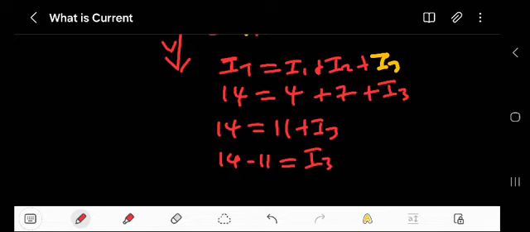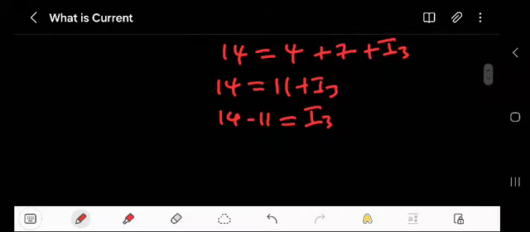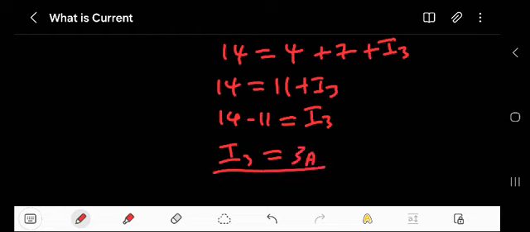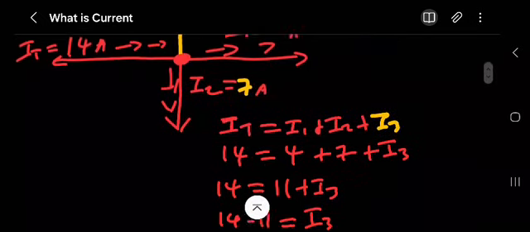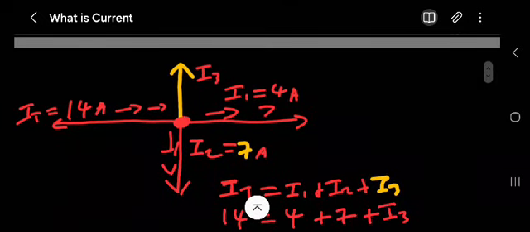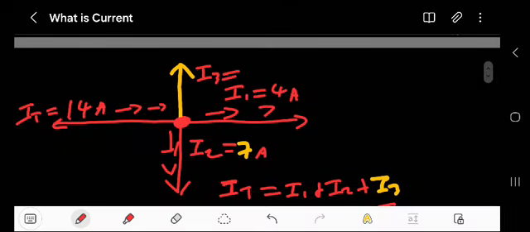Then you do your maths. I3 will simply equal 14 minus 11, right? Then you'll have 3 amps. So this is how you can get it, you see. Then that means here we have 3 amps. So we have found all of this current that is flowing at each branch.